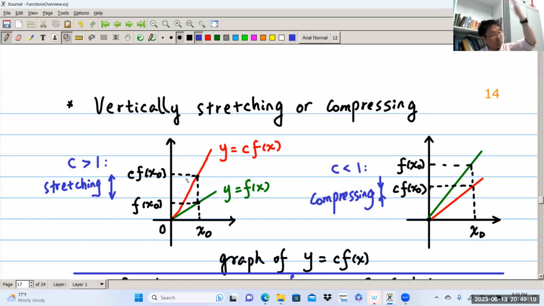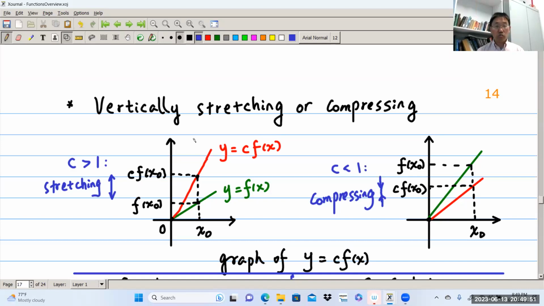So you scale, you multiply all the y outputs by c. So if c is bigger than 1, you make that curve further away from the x-axis. Of course, at 0, if you have a point here, 0 multiplied by c is still 0. So this is called vertical stretching. You stretch this curve y equals f of x away from the x-axis in the vertical direction.